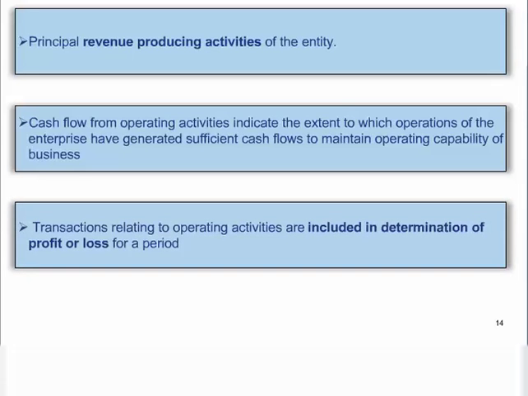The transactions relating to operating activities are included in the determination of profit or loss for a period. Thus, generally only the items in the profit and loss account help to determine the cash flows from operating activities. We'll now see certain examples of operating activities and the items you will generally see in them.